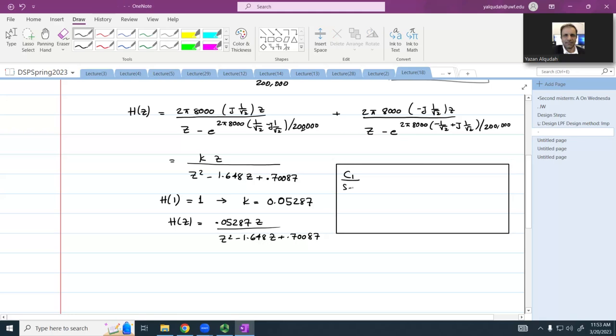If I have C1 over S minus P1 plus C1 conjugate over S minus P1 conjugate, then this is going to give me H of Z that is going to equal K multiplied by Z divided by Z squared minus 2 alpha cosine omega multiplied by Z plus alpha squared, where e to P1 multiplied by T is equal to alpha e to j omega. Okay, with that, let's run some MATLAB.